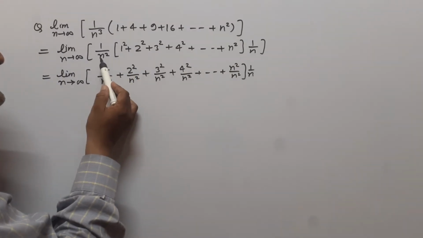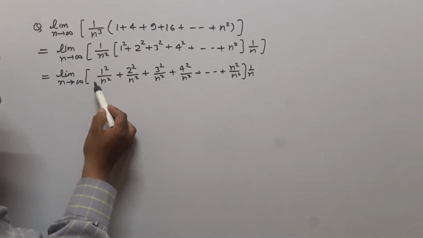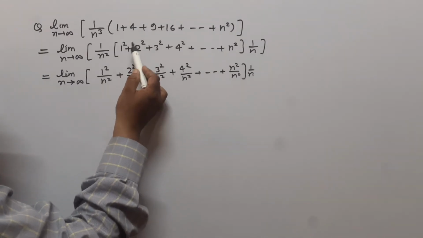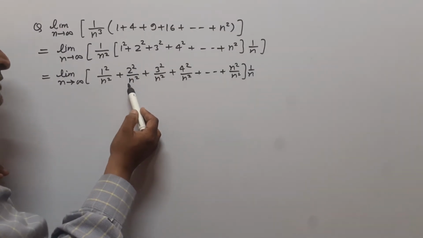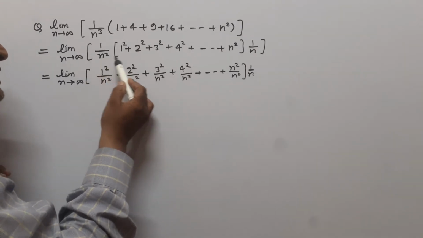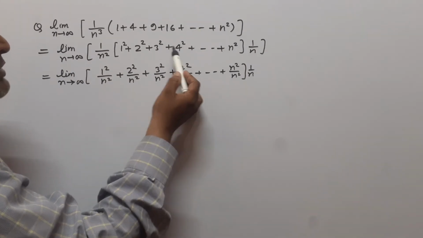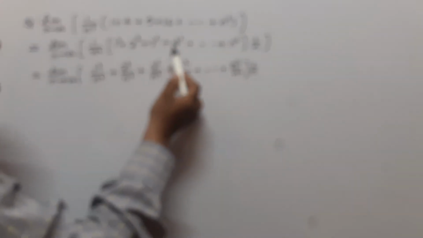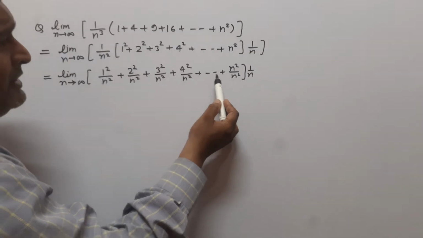So 1 upon n square multiplied by 1 square can be written as 1 square upon n square, plus 2 square multiplied by 1 upon n square, we get 2 square upon n square, plus 3 square upon n square, plus 4 square upon n square, plus and so on.